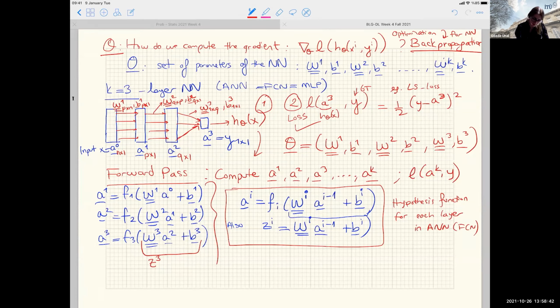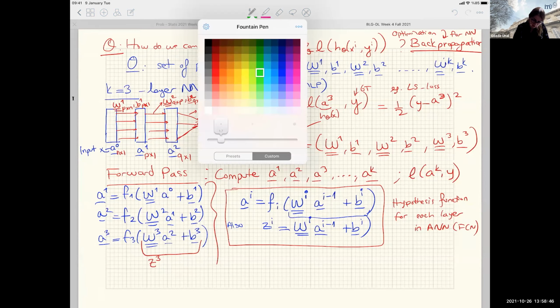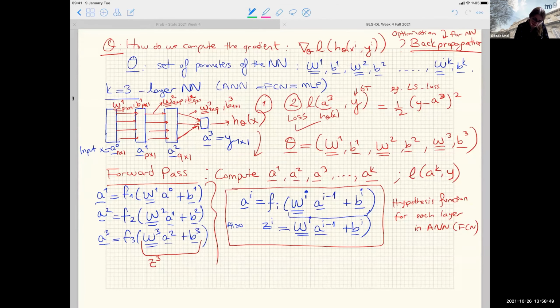Maybe let's use a green color. This is 1. Again, 2 was defined here. Let's make this green. 2 was the loss. 1 is the hypothesis function. Of course, we use the final one. I mean, this was 1 also.